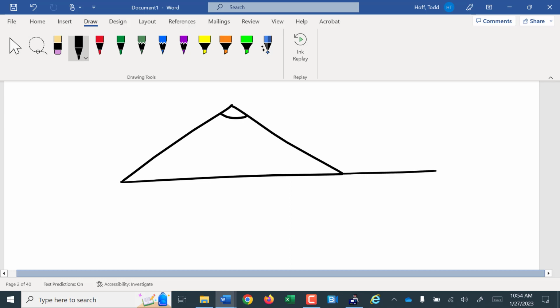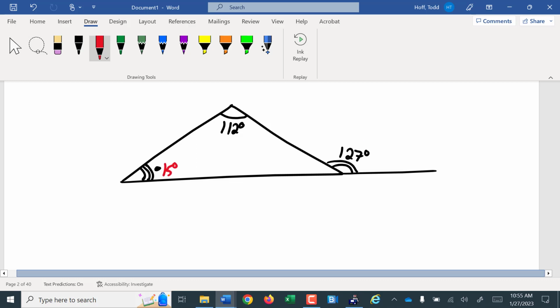So here, let's say that this angle is 112 degrees. This one over here is going to be 127 degrees. Find this one. 15 degrees, good.